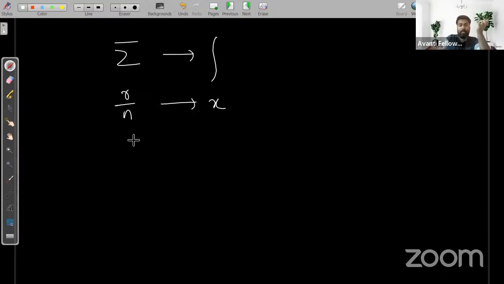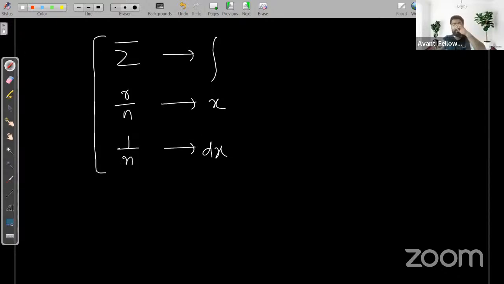So the shortcut is: in place of summation, we need to take integration, and other things are, in place of r by n, we need to substitute x, and in place of 1 by n, we need to substitute dx.